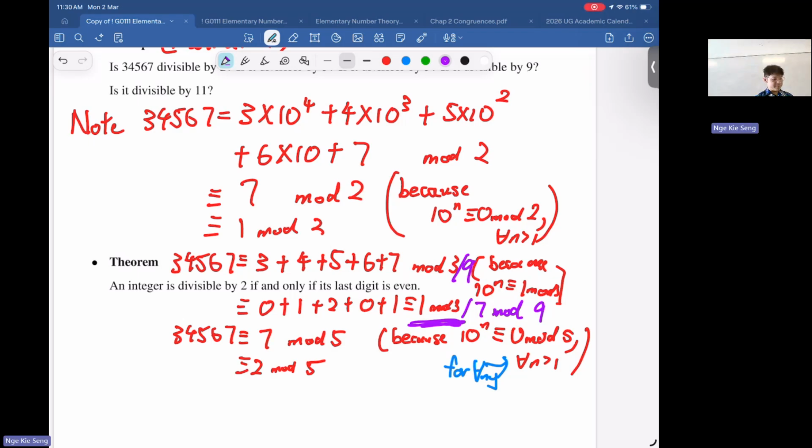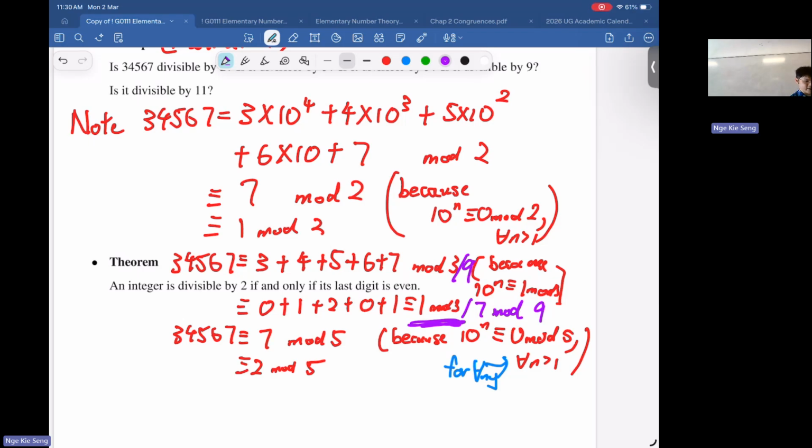How about 11? How does 11 react to powers of 10? What do you think? Similar to 3 or 9? Not quite.